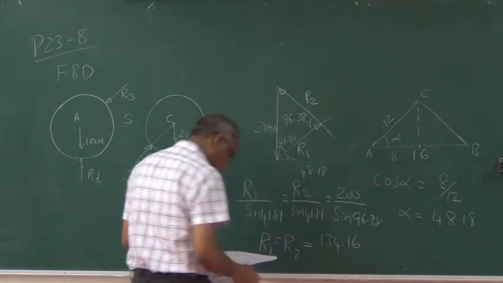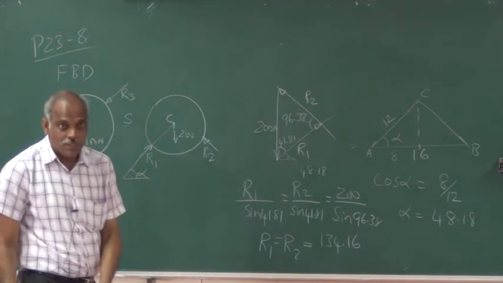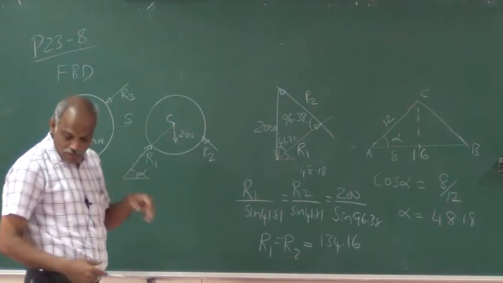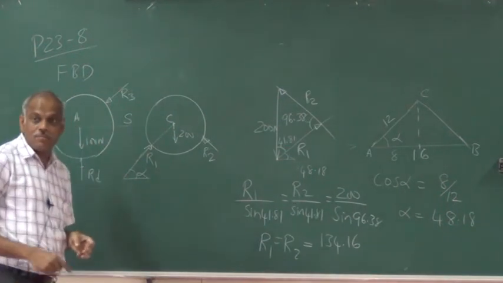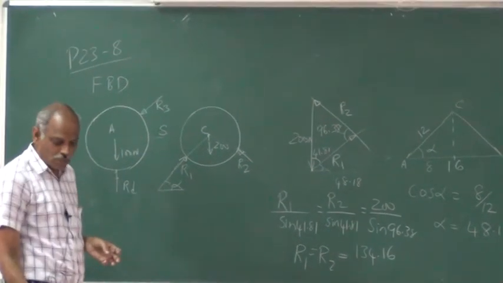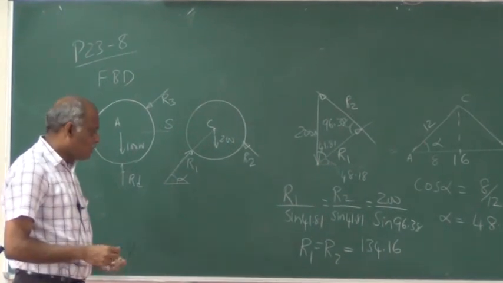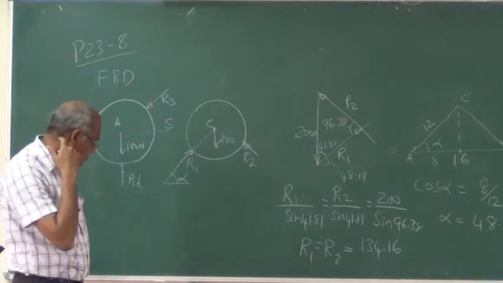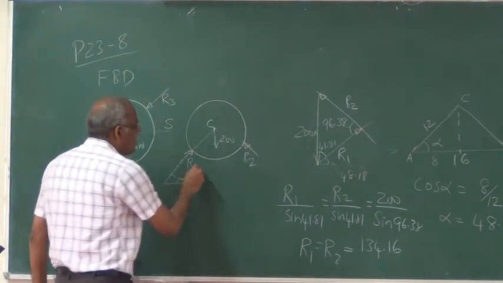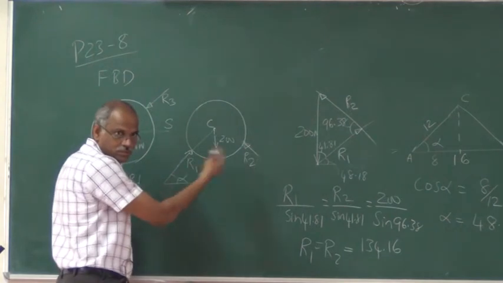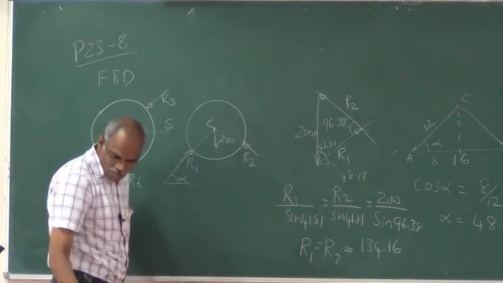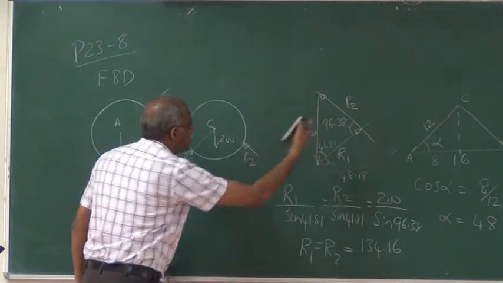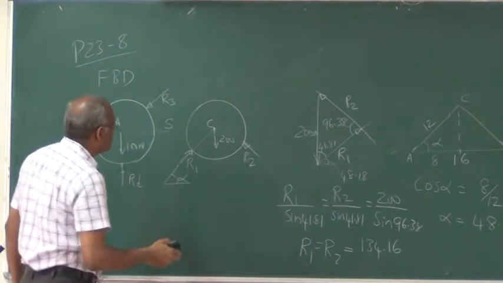So that is the value of the reaction between the top cylinder and the bottom cylinder. So we have found out R1, R2 as 134.16. We know the magnitude, we know the alpha also, so this process is completed. This is a system of concurrent forces. This force polygon is closed, which means this will be in equilibrium, no issue.